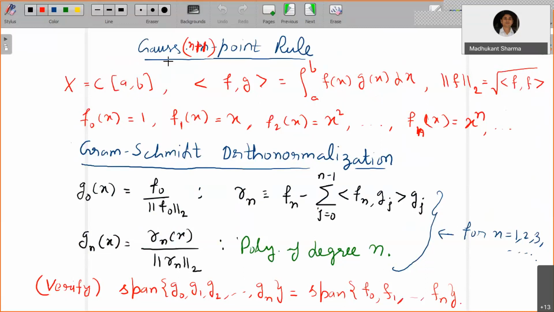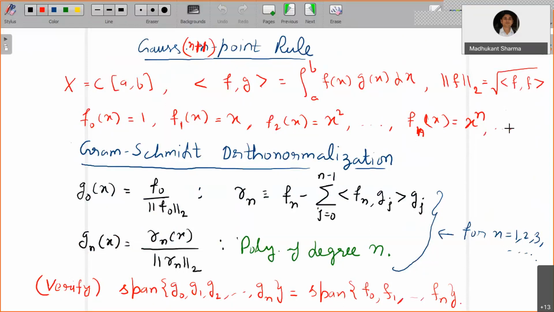Now, for the Gauss 2 point rule, we considered 1, x, x square. For the Gauss n plus 1 point rule, what we require is f0 equals 1, x, x square, x cube, and so on till x to the power n.